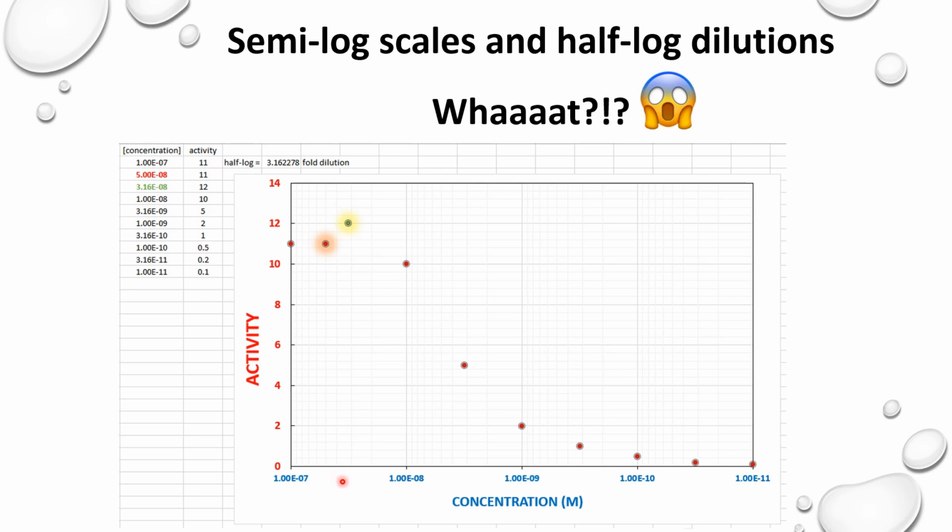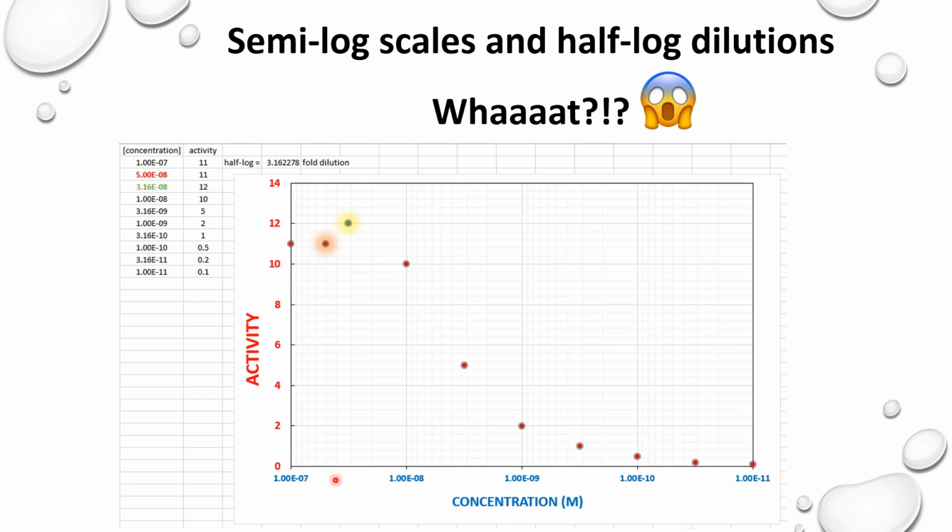We're so used to a normal scale from 1 to 10, 10 to 100, where if we go halfway, we just divide by 2. So we end up with 5 times 10 to the minus 9. But if we plot 5 times 10 to the minus 9, you will end up in this spot here. And on a logarithmic scale, you're actually off-centered. You're not in the middle.